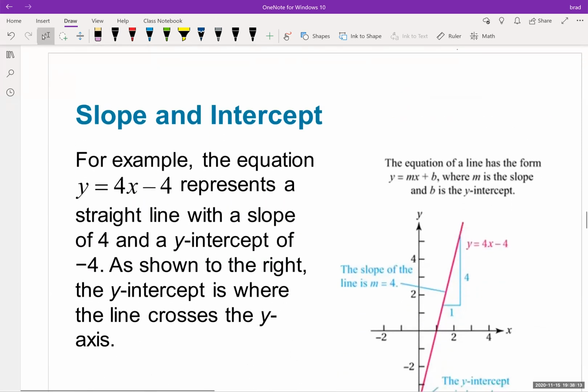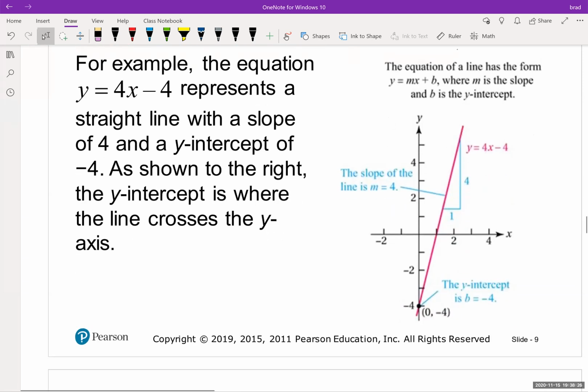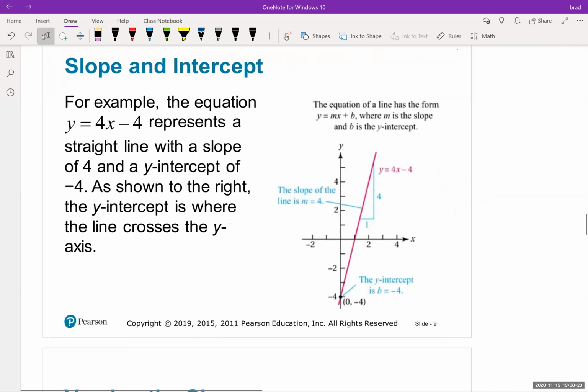Now it says slope-intercept. For example, the equation y equals 4x minus 4 represents a straight line with a slope of 4 and a y-intercept of -4. This is just a cleaner drawing than the ones I do sometimes. All I would do is go down 4, so 1, 2, 3, 4, and put a point. That's my y-intercept.